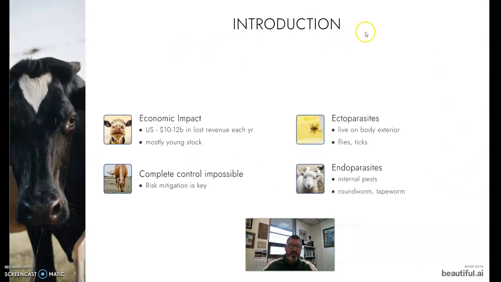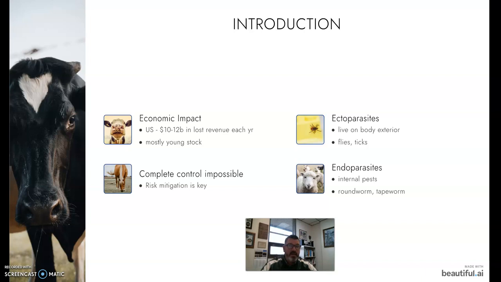So when we talk about parasitology, just a few introductory basic facts. From an economic impact in the industry, it's mostly in young stock, but we lose somewhere estimated between $10 and $12 billion in lost revenue each year due to parasite issues. Complete control is nearly impossible.